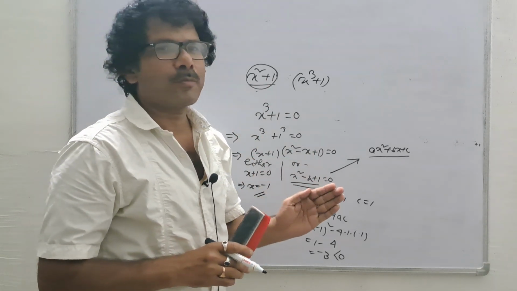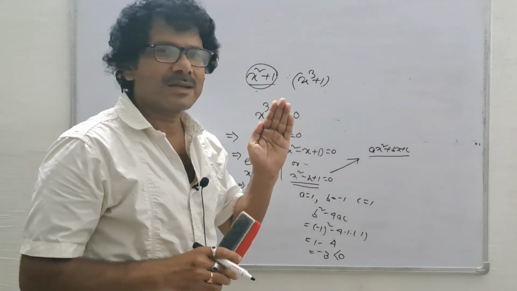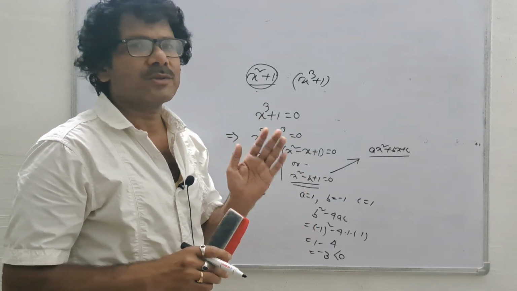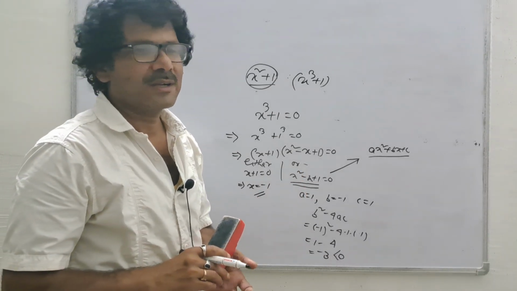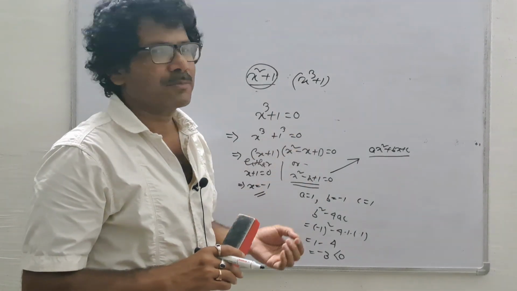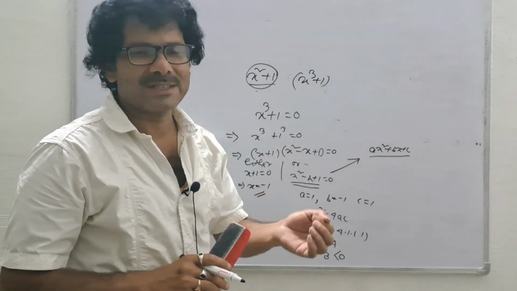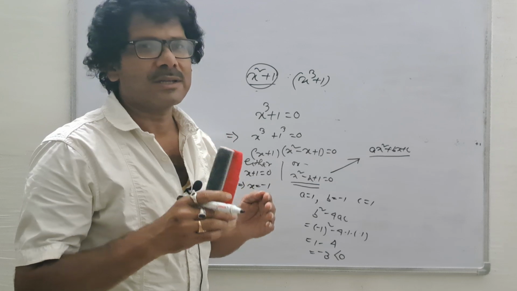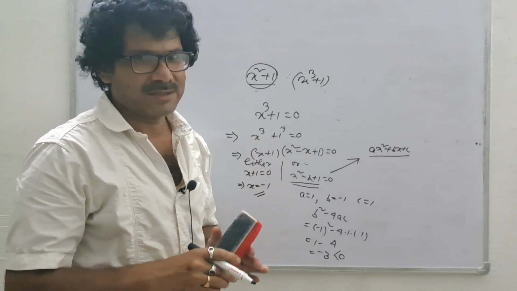The number of points at which the graph of a polynomial intersects the x-axis is equal to the number of real zeros the polynomial has.